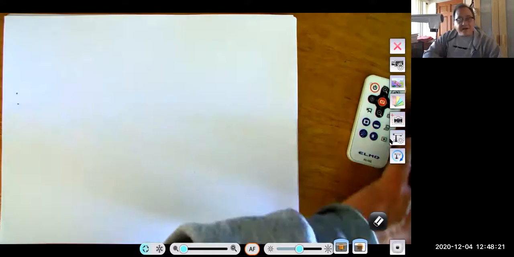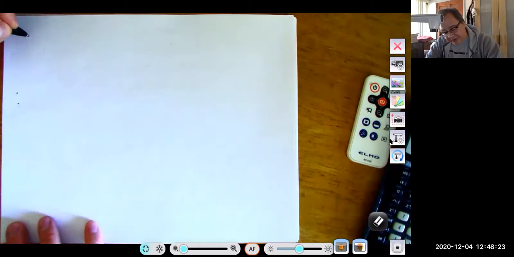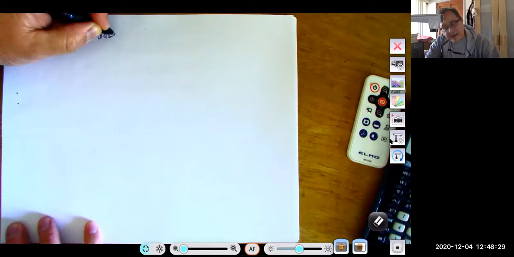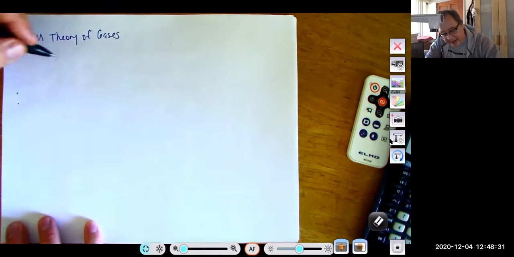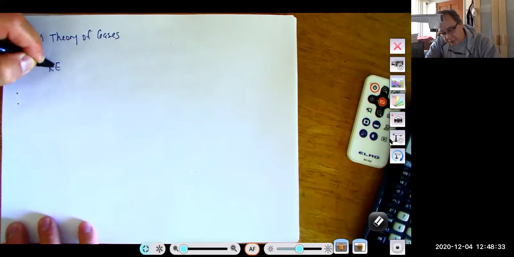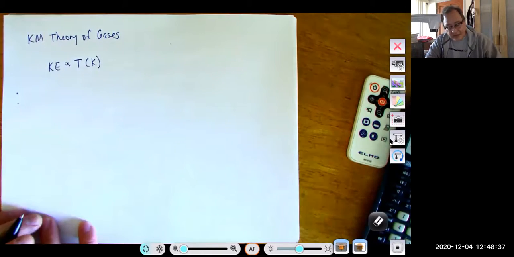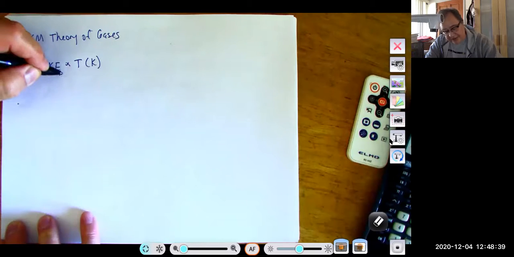So when they talk about the kinetic molecular theory of gases, one of the things they tell you is that the kinetic energy is proportional to the temp in Kelvin. And this is really the average kinetic energy.